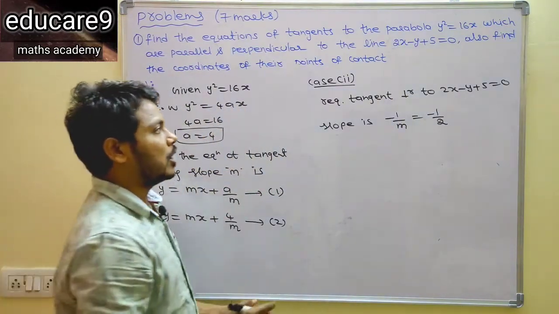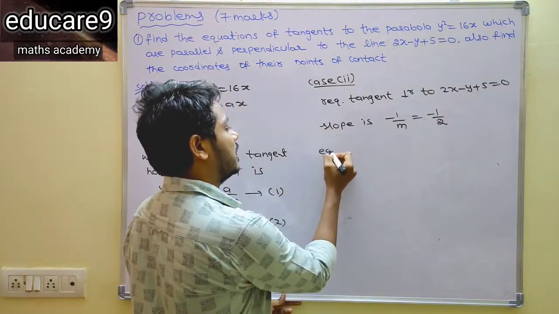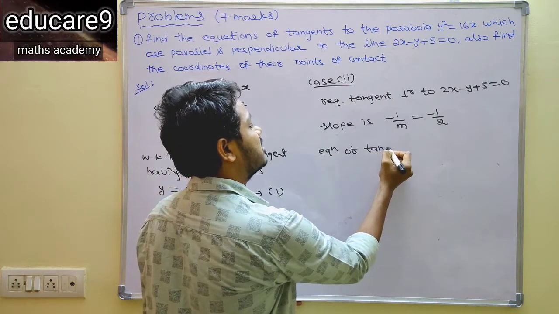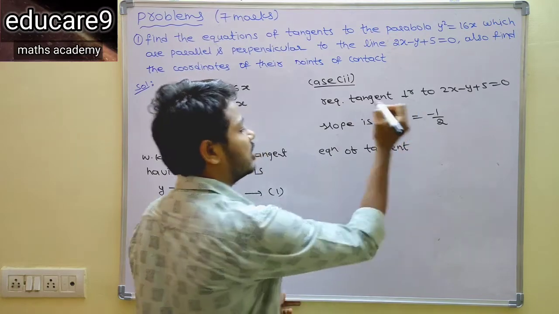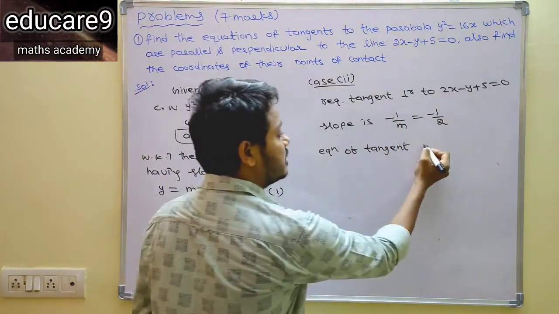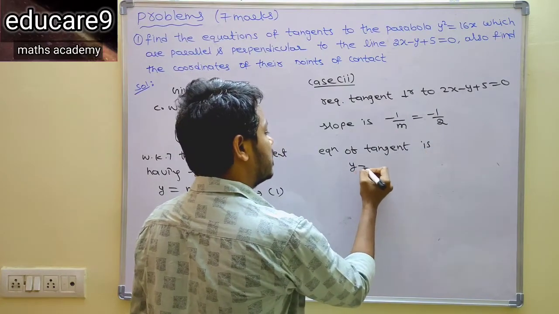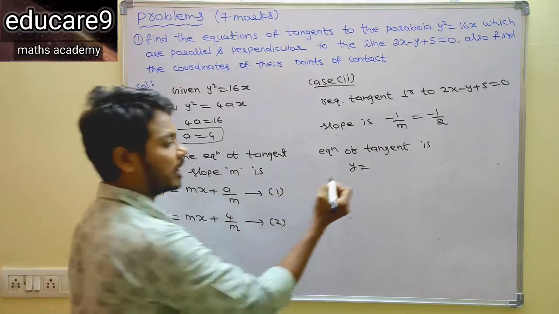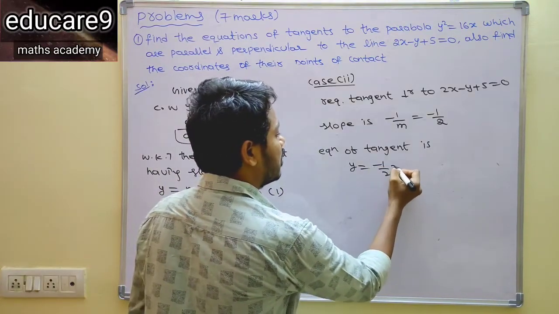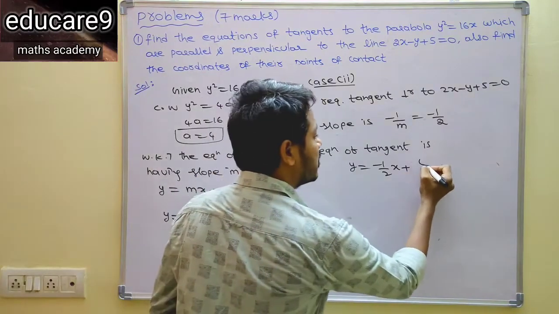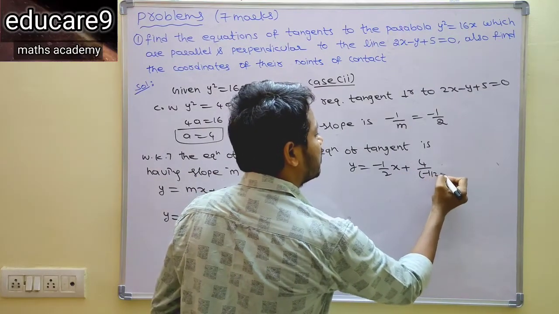Now the equation of the tangent which is perpendicular to the given line, from equation 2, y is equal to mx plus 4 by m, where m is minus 1 by 2, that is 4 by minus 1 by 2.